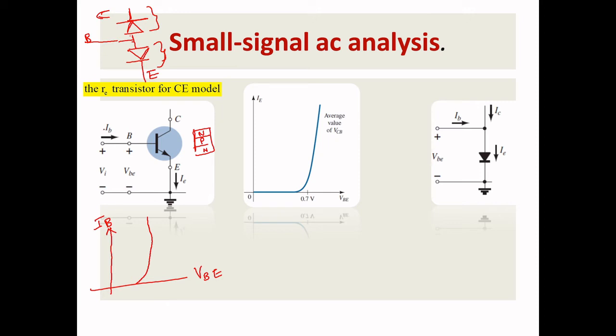Okay, so now you can see first IB versus VBE. Here we are doing the AC analysis. So when you draw the characteristics IB versus VBE, you will find the change of current with respect to VBE. That means you are going to find the slope. That means resistance, right? So 1 by slope is a resistance. Here we are studying the AC analysis, so we will be speaking about the AC resistance.